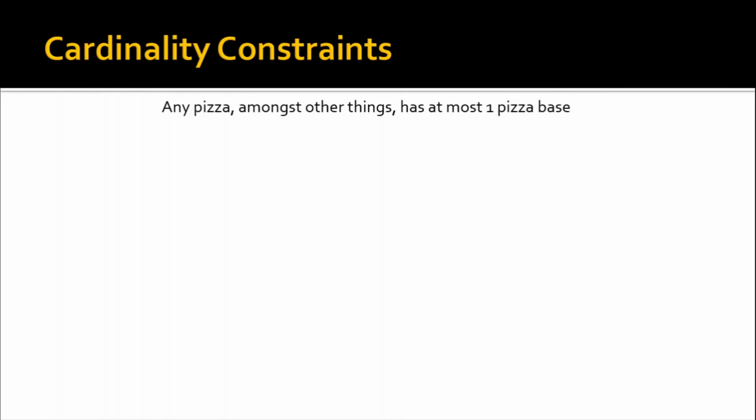Now, how do you represent that any pizza, among other things, has at most one pizza base? At most once we can represent with max cardinality. What we are trying to represent here is a case of subclass.